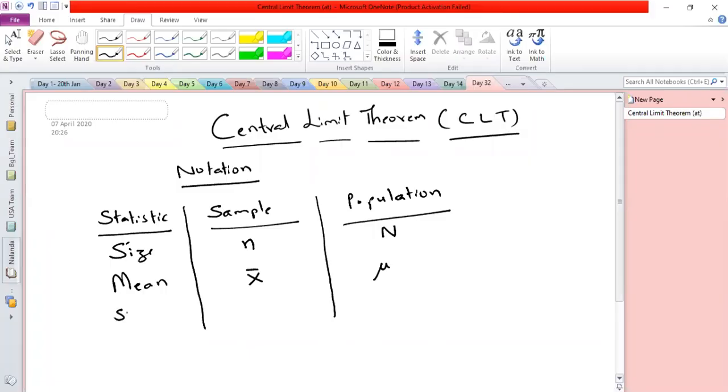Next, standard deviation. Rather than standard deviation, let us change it to variance, that will be much better.